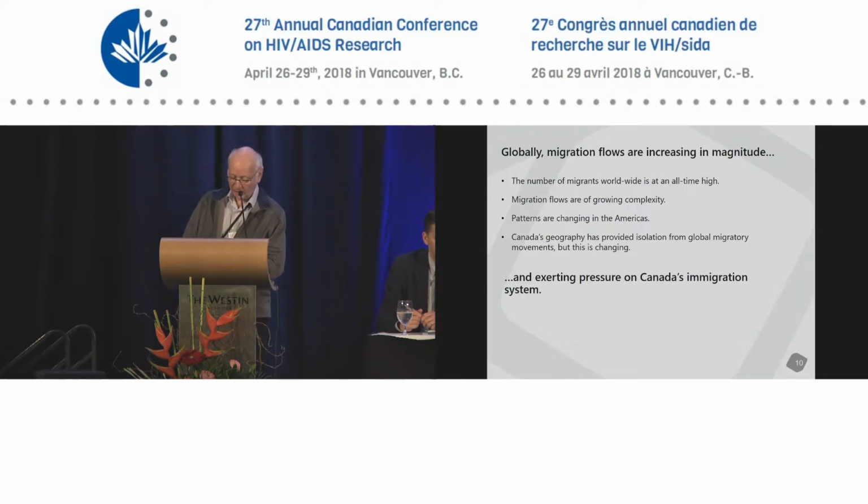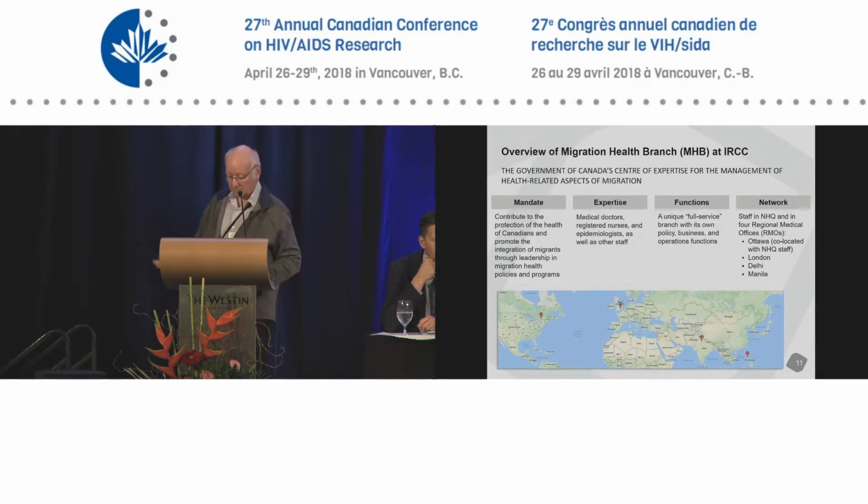Now that the context is established, we'll look at how Migration Health Branch functions within the Immigration Department. Note our health mandate, which is to contribute to the protection of the health of Canadians and promote the integration of immigrants.